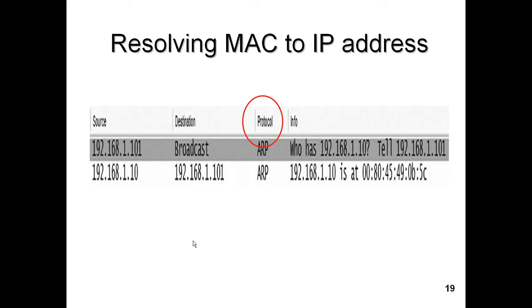Now, look at the second line. Here you see the camera, at 192.168.1.10, calling directly back to my PC, 192.168.1.101, in address resolution protocol, and it says, I have that IP address, 192.168.1.10, and my MAC address is what you see there, the 6 groups of letters and numbers that are 0 through 9 and A through F. Now my PC has the MAC address of the camera, and now my PC will start to address the packets to it.